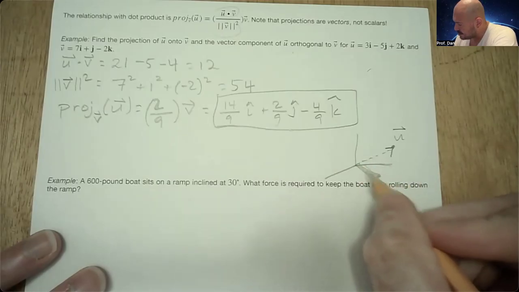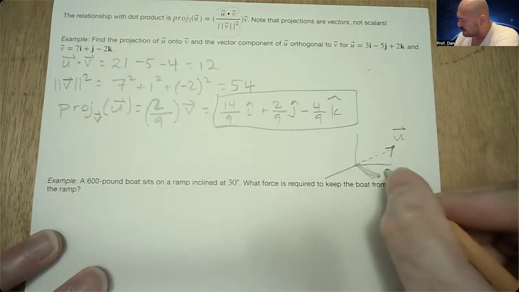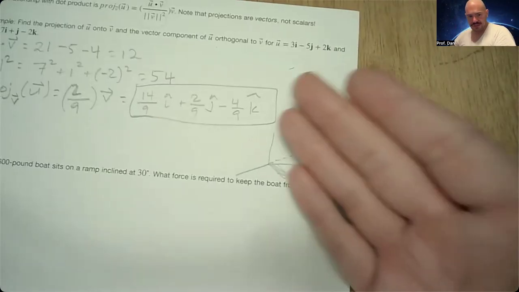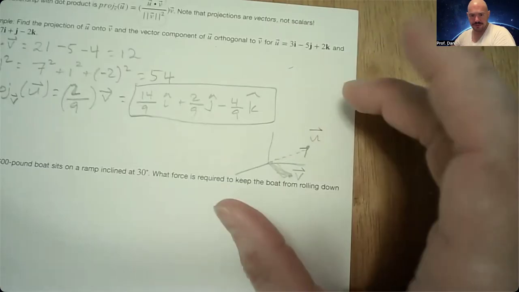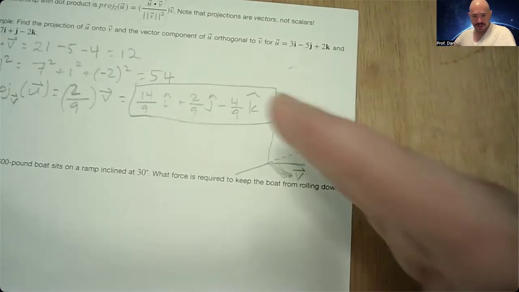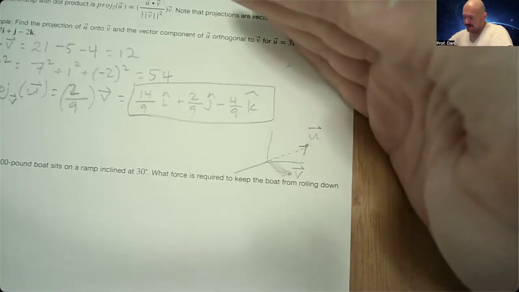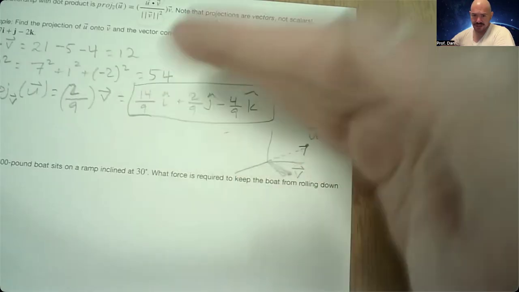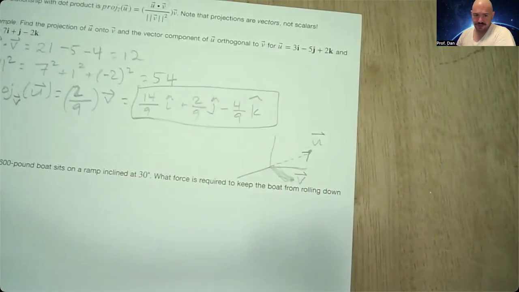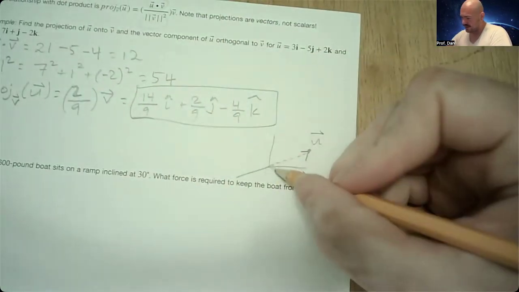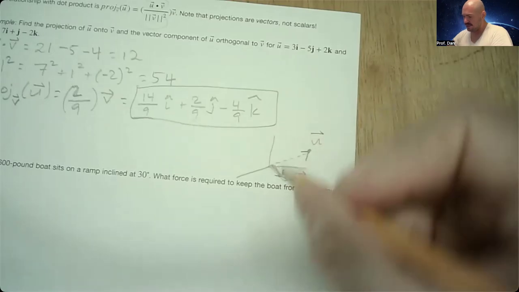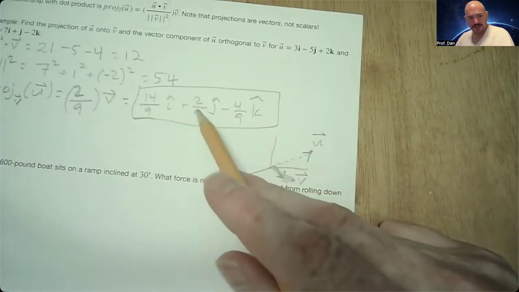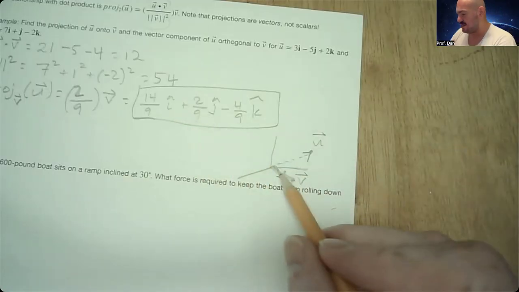So drawing my little wedge there, we end up with this vector v. This would be like if I were to take a sheet of paper and slide it so that both of these vectors are on that paper. That would define a plane. From there, I would smush the vector u straight down onto the line v. The result would be this little guy that we just computed. That's the projection. So 14 ninths i plus 2 ninths j minus 4 ninths k is this guy.